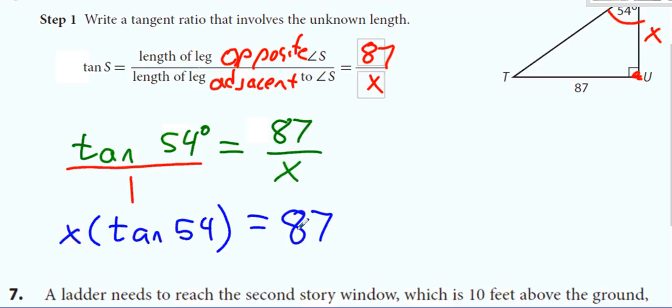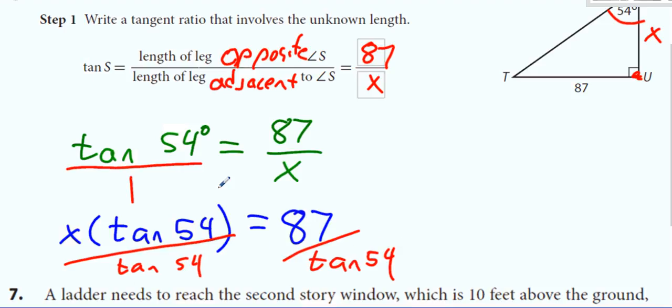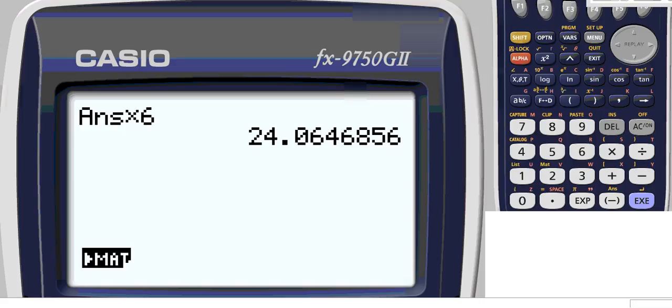If it was 4, that would be 4X. It's not 4, but if it was. So whatever that number is, that's what we're dividing by. So in our calculator, all we need to know is 87 divided by tangent 54. When you're doing division, I err on the side of using too many parentheses.